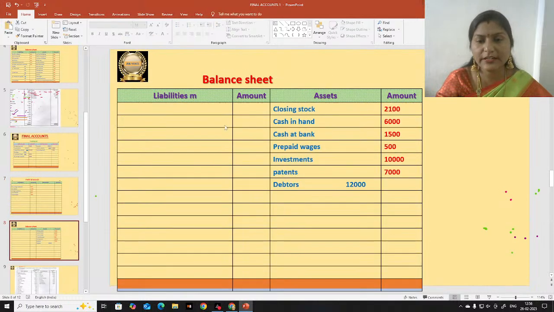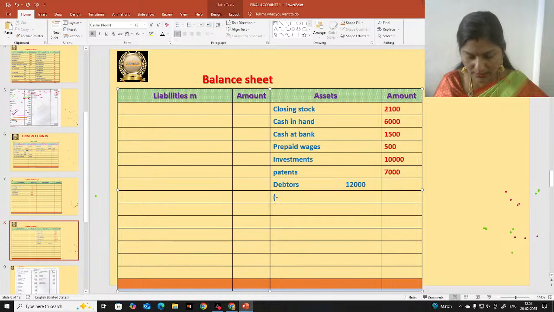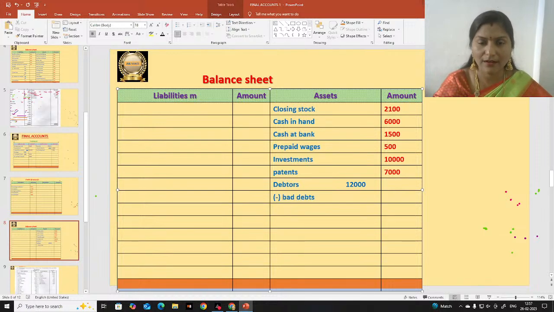Second time we are going to deduct it from balance sheet. Okay, let me deduct it from balance sheet, minus bad debts 500.